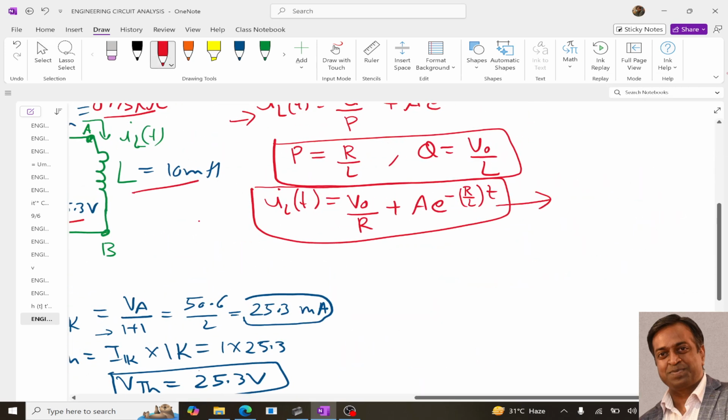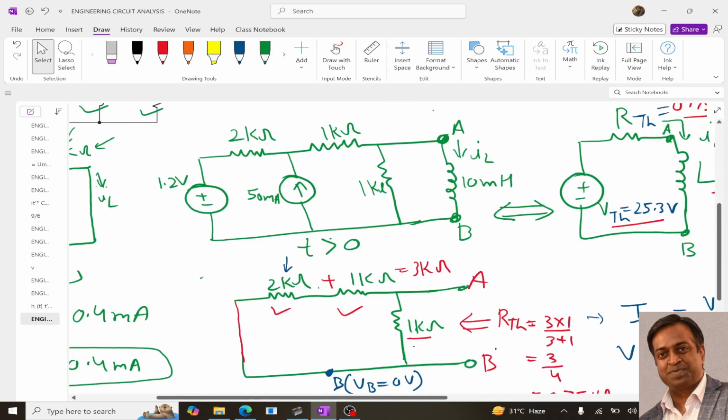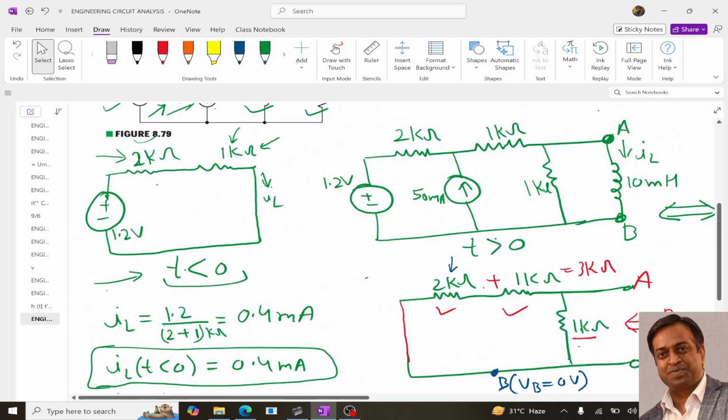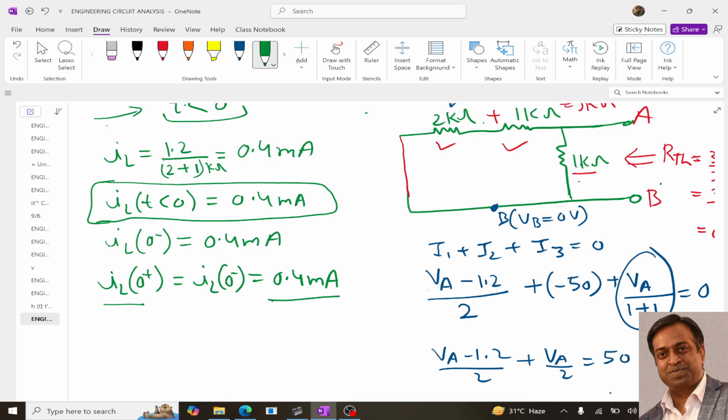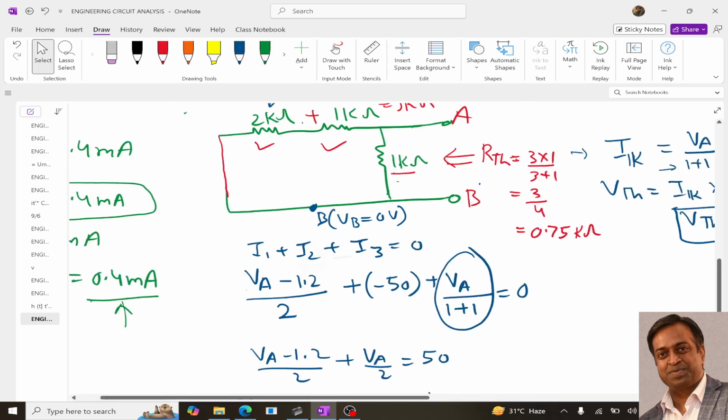Now in this equation we have one unknown, which is A, right? Now to determine this A, we need to use the initial condition. What is the initial condition? The initial condition is what we have determined over here. At t equals 0 plus, the inductor current is 0.4 milliampere.